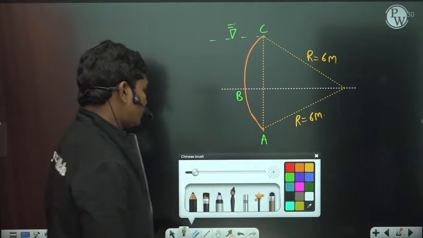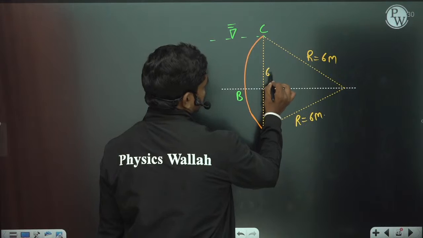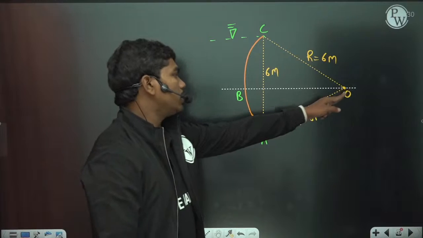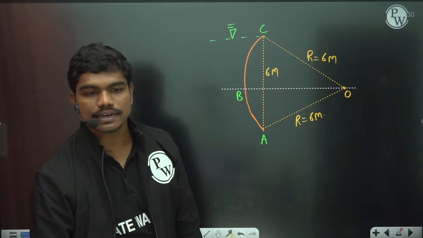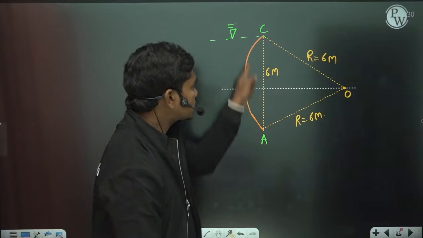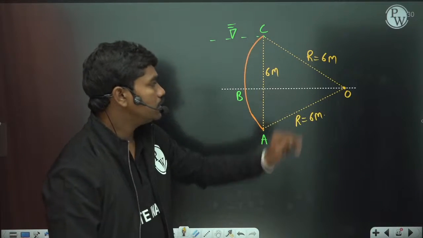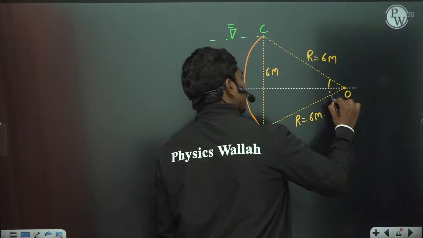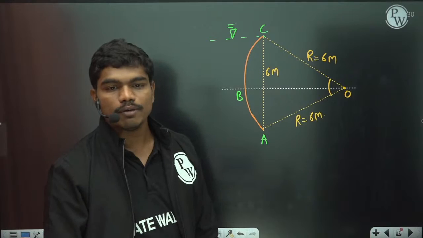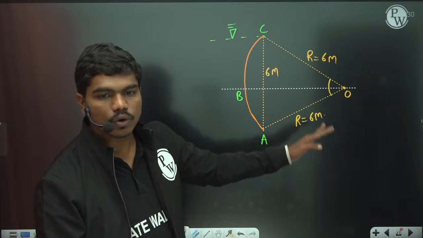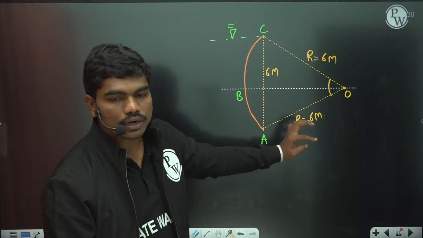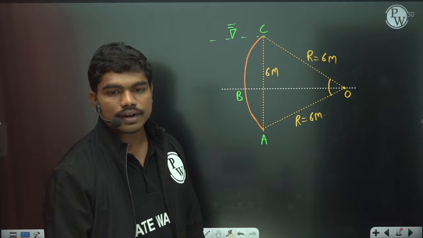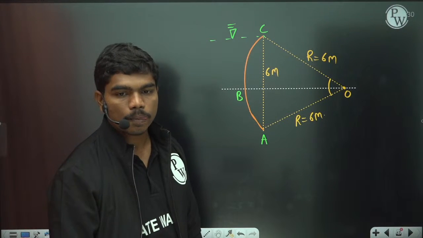Let us see here. If you see, this side is also 6 meters. Now this is point O. If you talk about this triangle OAC, this triangle is an equilateral triangle, correct? So if this is an equilateral triangle, can you tell me what is the value of the angle at O? 60, correct?